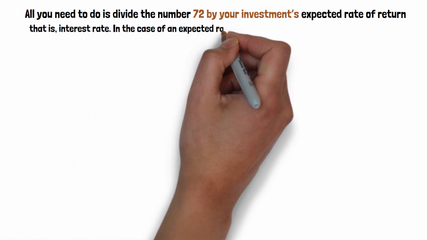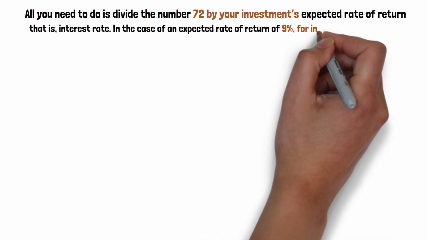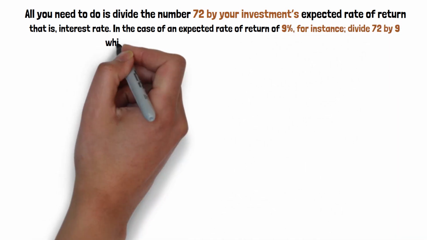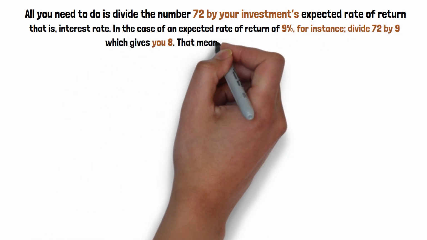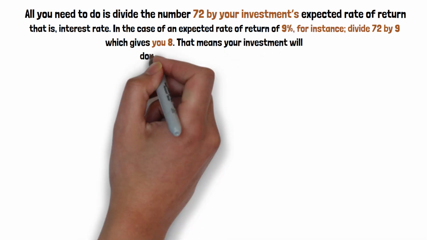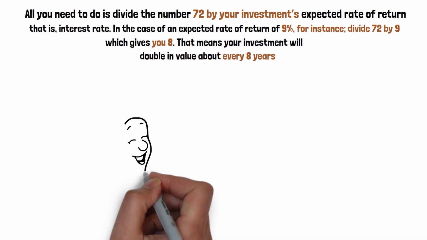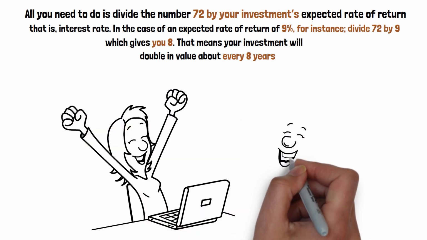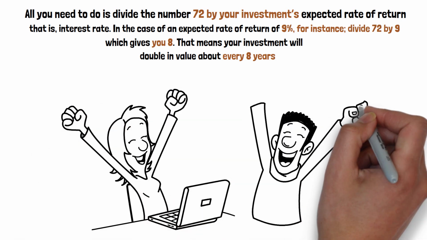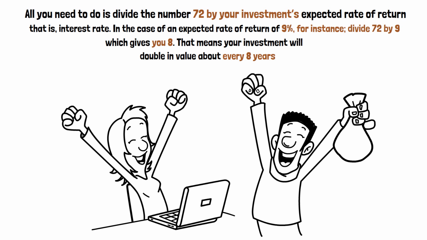In the case of an expected rate of return of 9%, for instance, divide 72 by 9, which gives you 8. That means your investment will double in value about every 8 years. In short, the compounding effect can significantly boost your investments, especially if you leave your money invested for a long time.